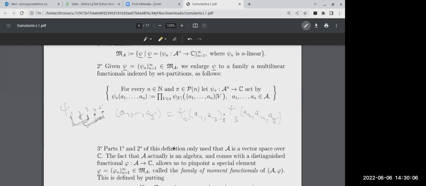There is a psi pi, which is still a multilinear functional: if pi is in P of n, then this is still an n-linear functional, which collects arguments according to what the blocks of pi are saying. I should have said that from the beginning. Please pardon my terrible handwriting.